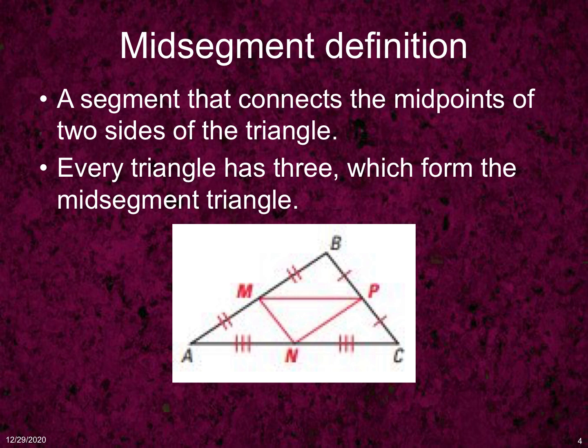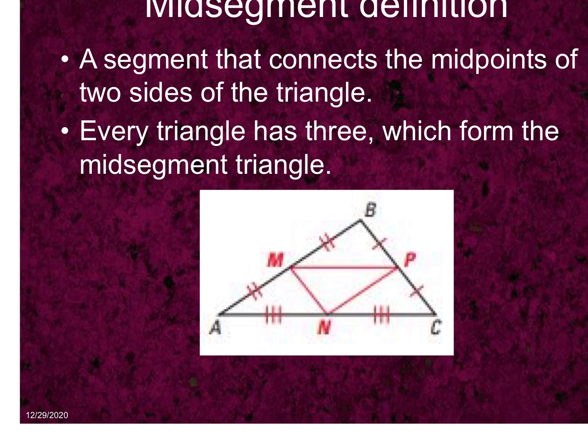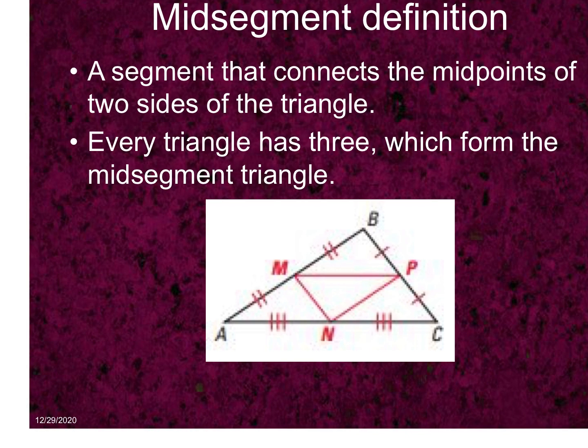So our original triangle, bless you, is ABC. What are the coordinates of the mid-segment triangle in this example? Christian? Very good.